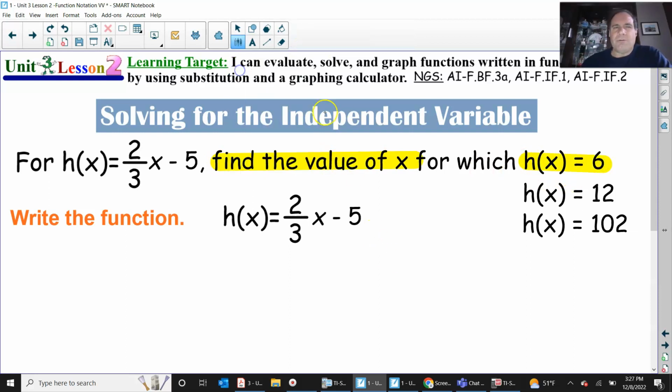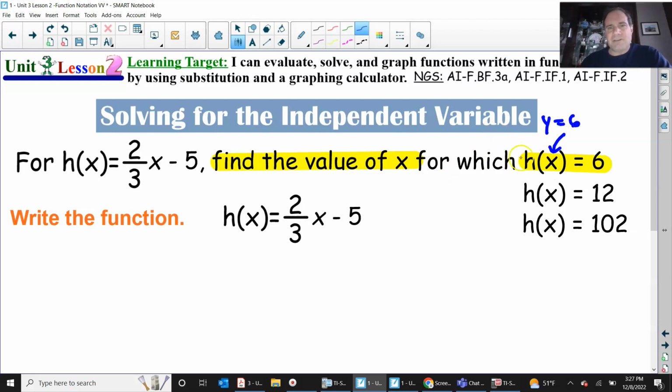Notice that there's no number inside the parentheses. They're giving you what h of x is equal to. It's kind of like saying y is equal to 6. They did not mention what x is. They want you to find x.